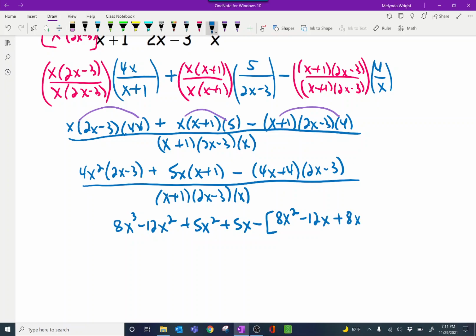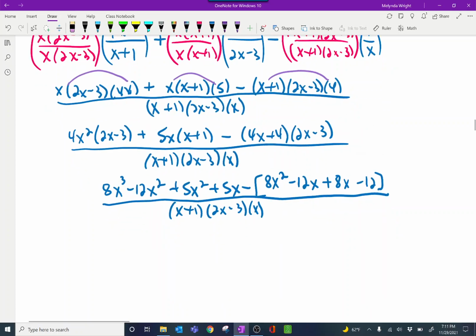And 4 times a negative 3 is a negative 12. Goodness, this is algebra, right? We love algebra, yay. We get to do all kinds of algebra stuff here. You're probably like, Dr. Wright, this is not a whole lot of fun. I think it's so much fun.